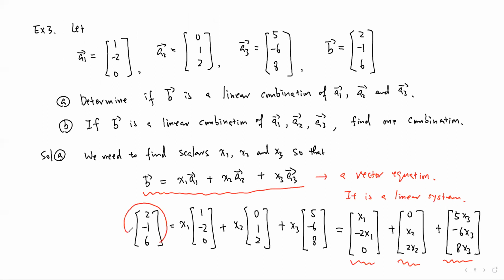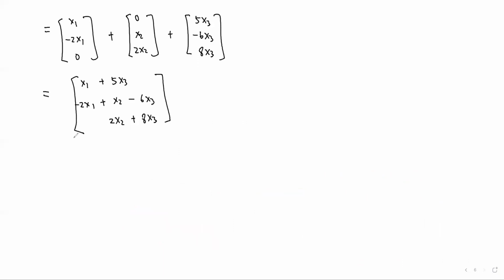Vector B, yeah, this is vector B. Vector B now is equal to this vector. Two vectors are equal, that means corresponding entries are equal. So we have a system of equations.